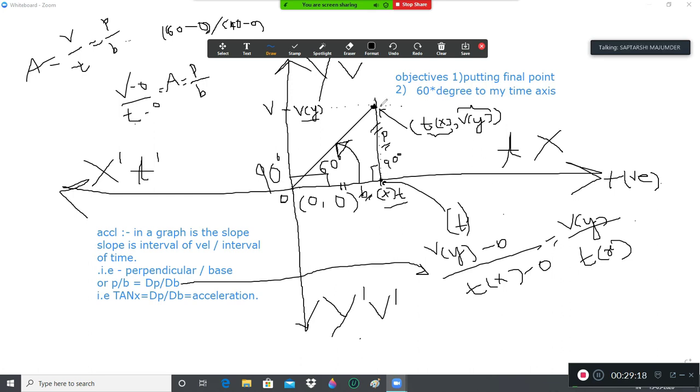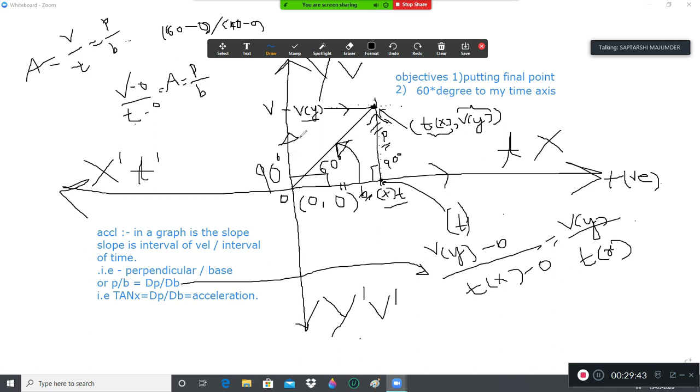So I am considering a perpendicular line dropped from this point. Now remember this, I am saying this one comes perpendicular to this one because this y-axis is parallel to this perpendicular line and this x-axis is perpendicular to this. I am not saying it is the same, it is perpendicular.